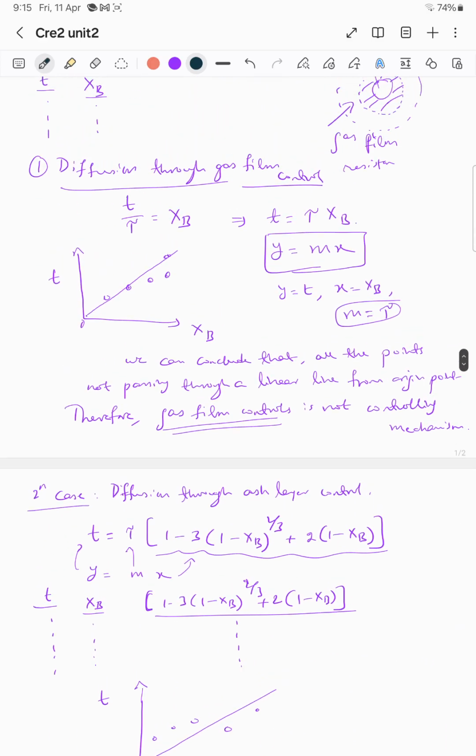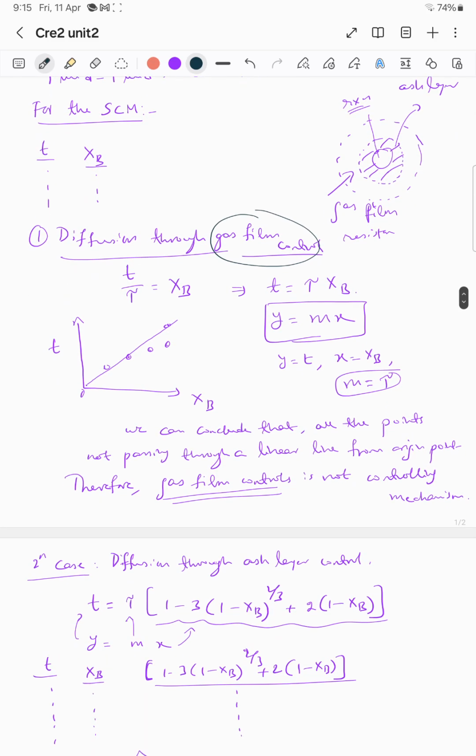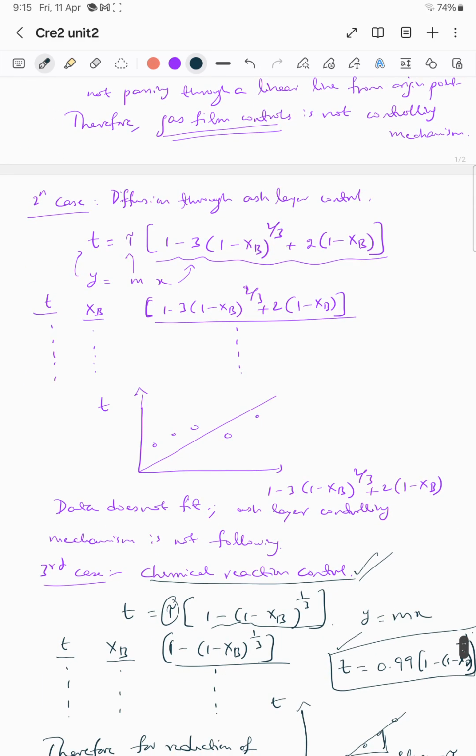But for unknown given information of t versus xb, you may get all the resistances: it may be possible that gas film control, chemical reaction control, and ash layer diffusion, all three resistances may offer to reduce UO3 to UO2. So accordingly you should find out. The only thing is you need to plot three graphs and identify which one is linear.